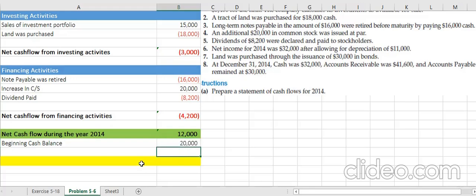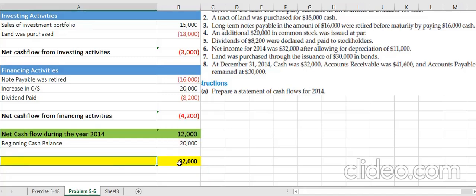So we have this. Okay, now once we have the beginning balance and the change during the year, we can very easily calculate our ending cash balance, $32,000. So I will write here ending cash balance. Okay, you can write the date here as of 31st December 2014 as well. It's up to you.